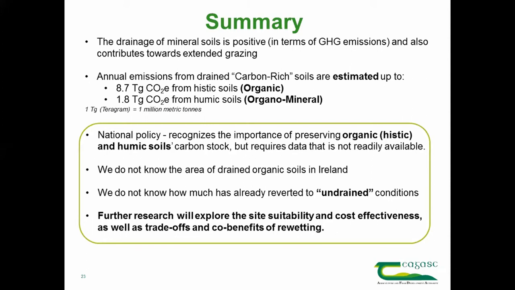What we're looking to do now is get more and more information. We have a headline figure of what might be there in terms of drained soils under these different categories, but we need to refine that further. We do not know, as it says there, the area of drained organic soils totally and utterly. We have a lot of estimates and we're getting closer to knowing, but we do not have a final figure.